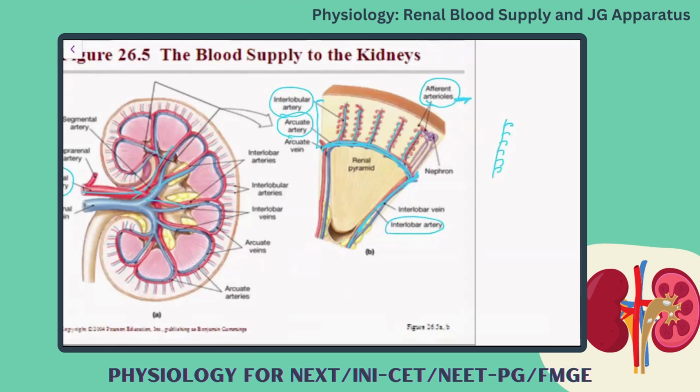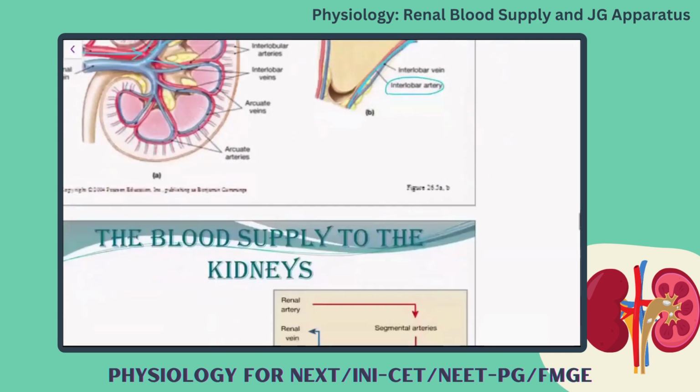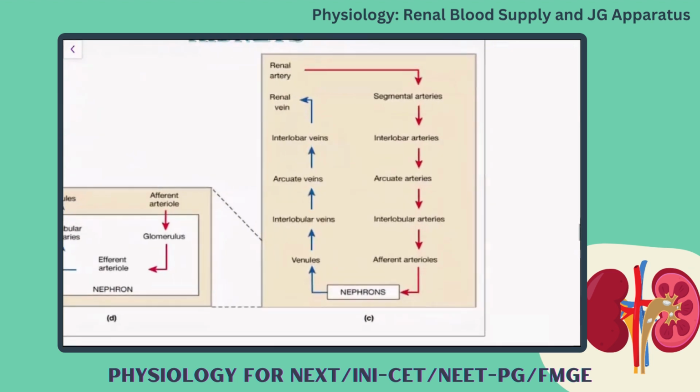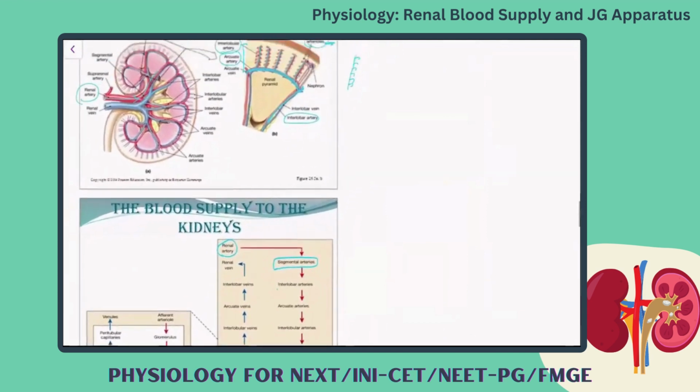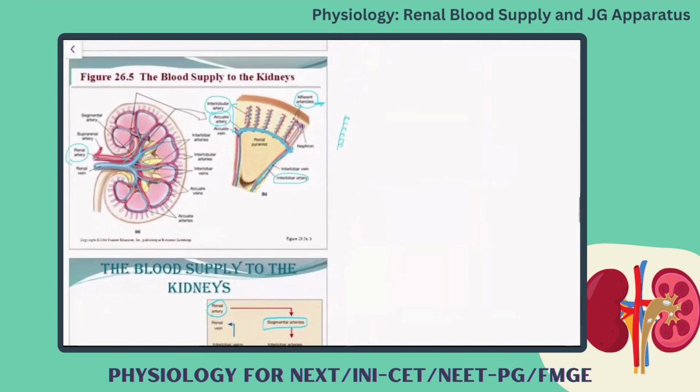Okay, so then the same way how it has entered. See over here, the renal artery entering into the part of the pyramid, and then it is undergoing many divisions to supply each pyramid. So all these are the segmental arteries which are supplying each pyramid.